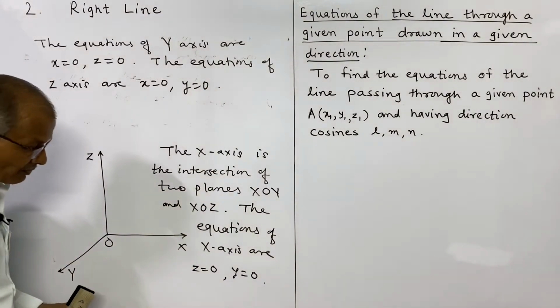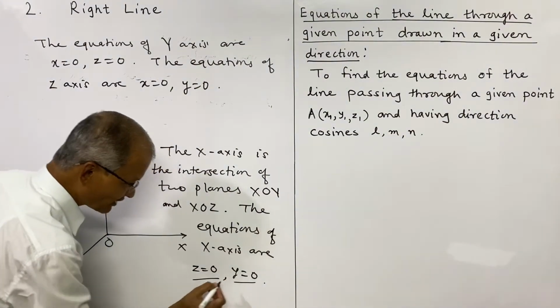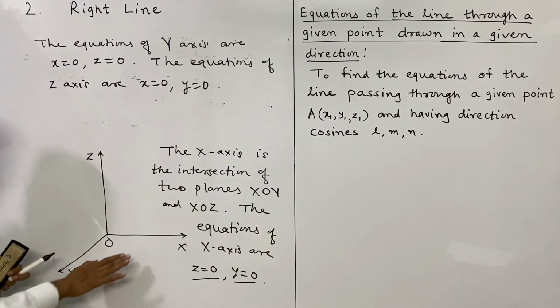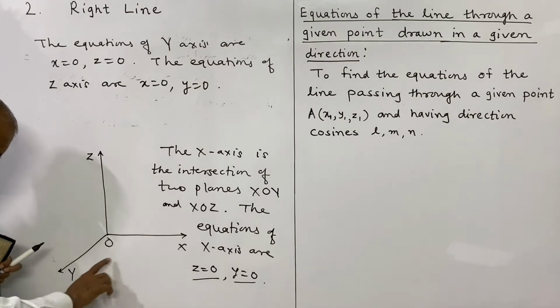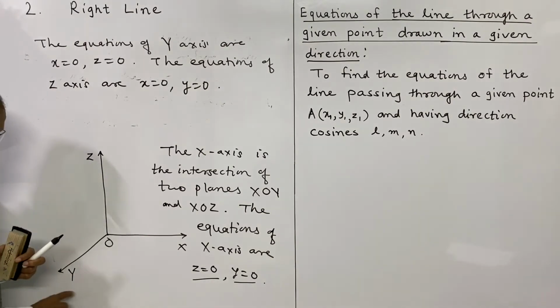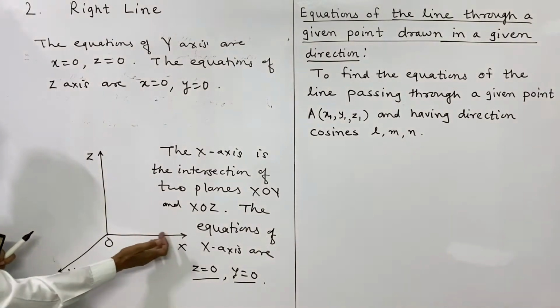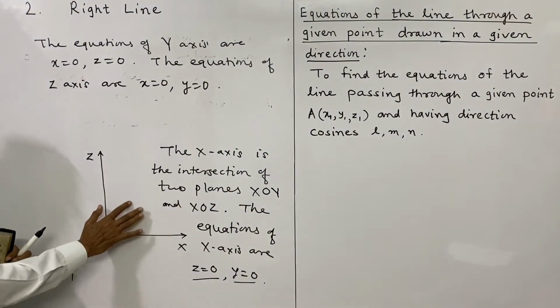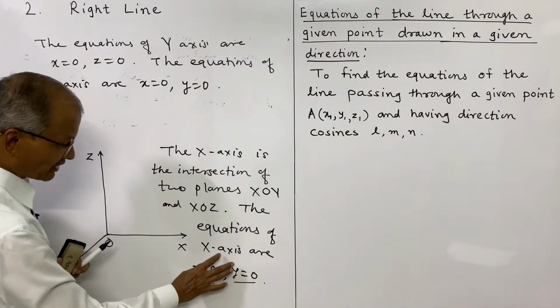Actually these are the planes. Z is equal to 0 means this bottom plane, the XOY plane, and y is equal to 0 means this XOZ plane. So these two planes together represent the x-axis.